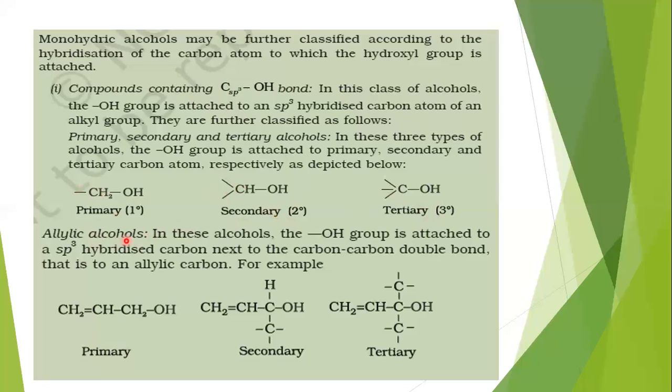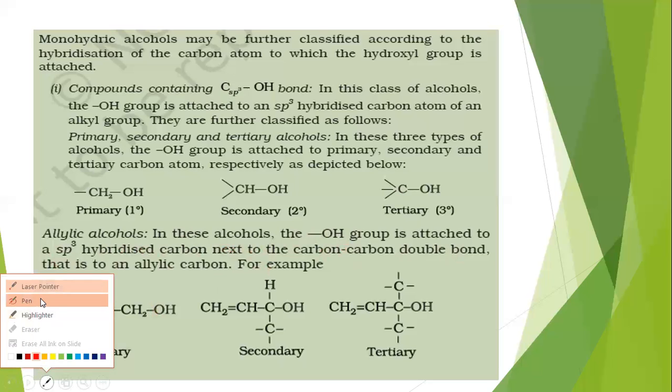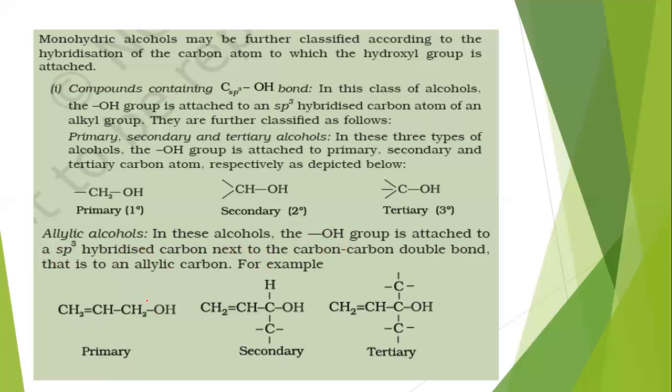allylic alcohols. Next type is allylic alcohols. What are allylic alcohols? In these alcohols, the OH group is attached to an sp3 hybridized carbon next to a carbon-carbon double bond, that is, to an allylic carbon. So here let us see, OH is bonded to this carbon which is bonded to the carbon which is attached to the double bond.